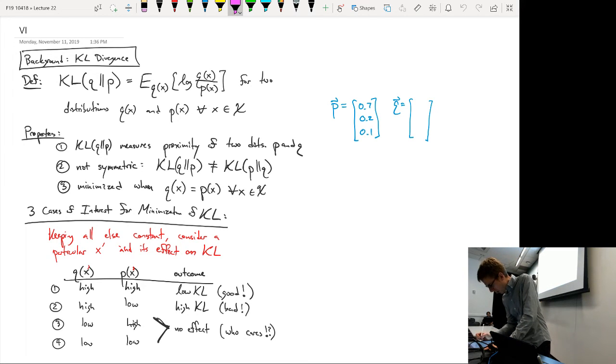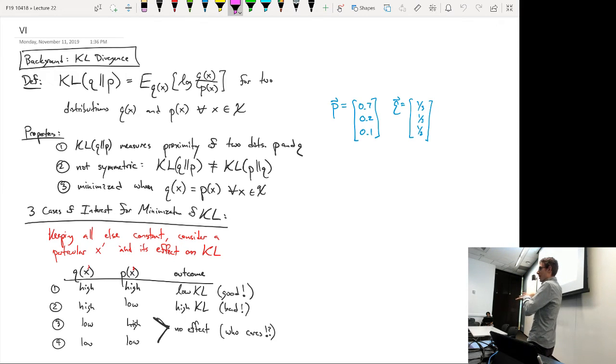So for example, Q might be 0.1, 0.1, 0.1. Well, actually that doesn't make sense because we have to sum to 1, right? If this was the uniform distribution, 1/3, 1/3, 1/3, then we've made them as low as possible, right?